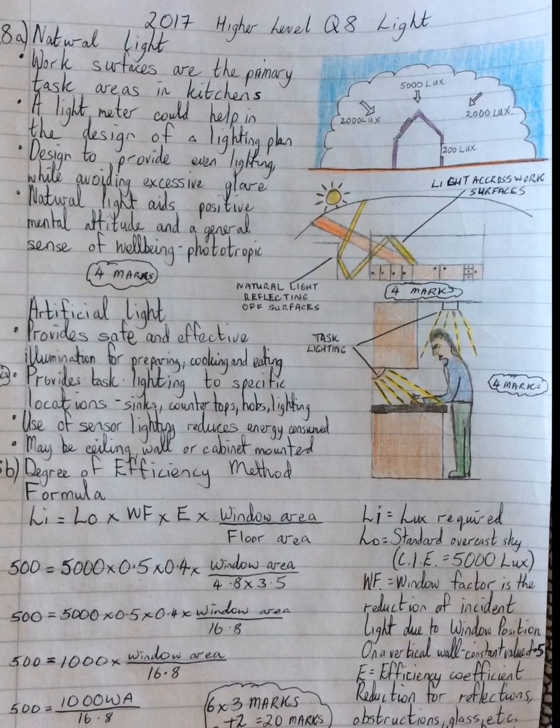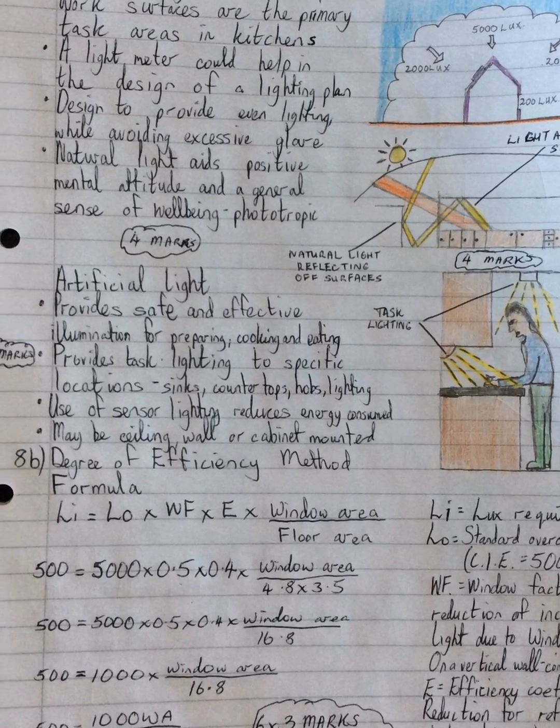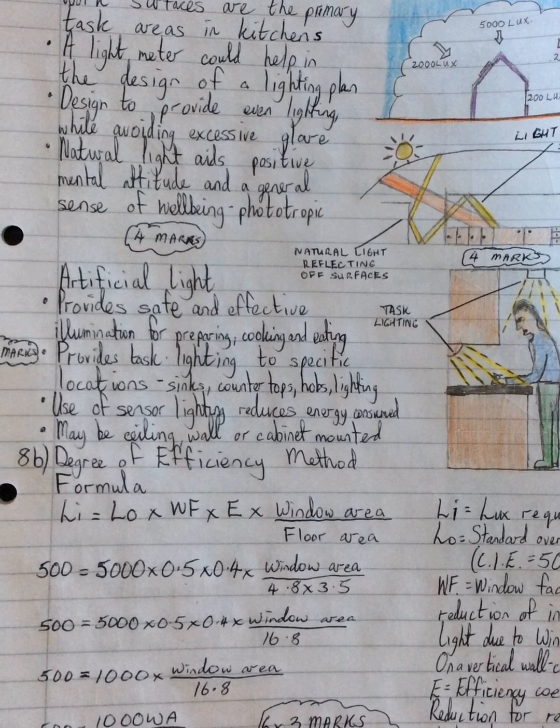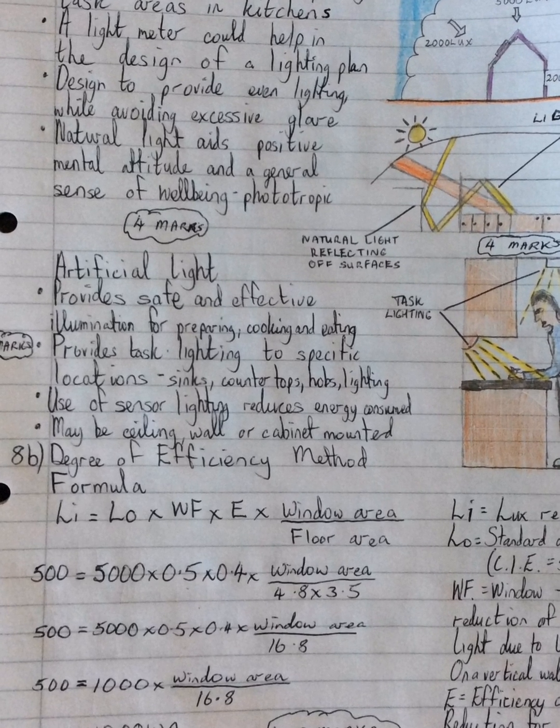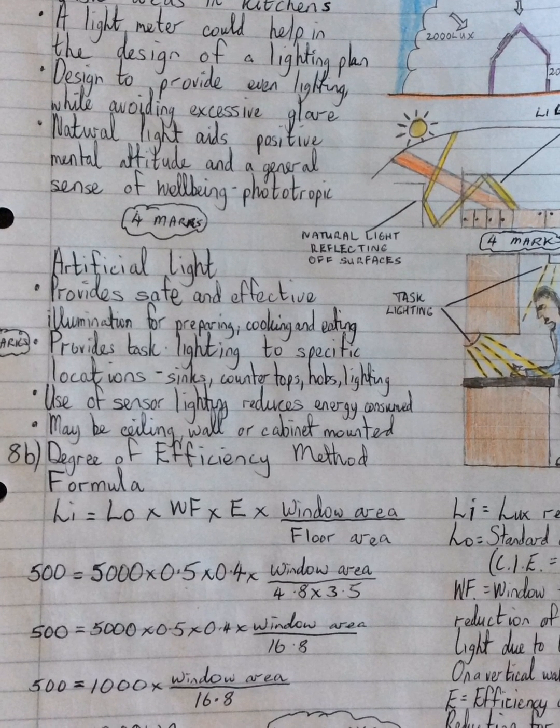For artificial light, it provides safe and effective illumination for preparing, cooking and eating. Lighting can be provided specifically for certain locations such as sinks, countertops and hobs.